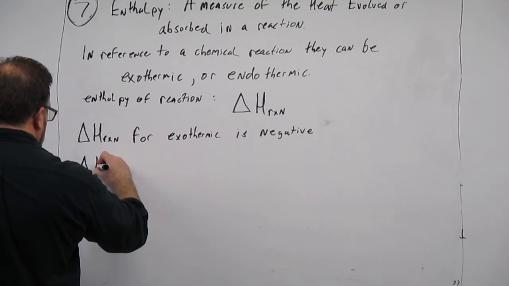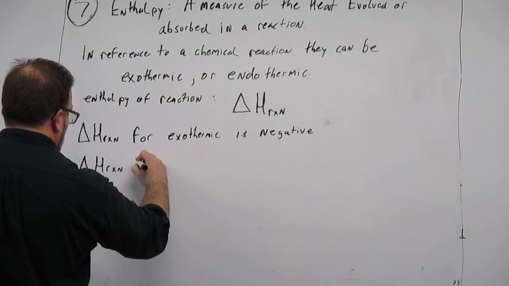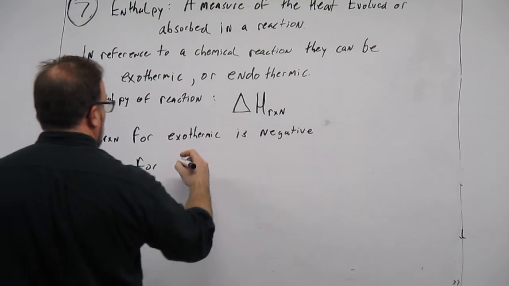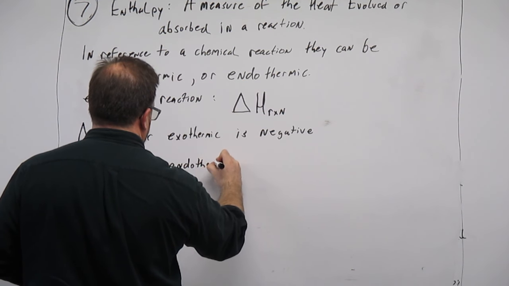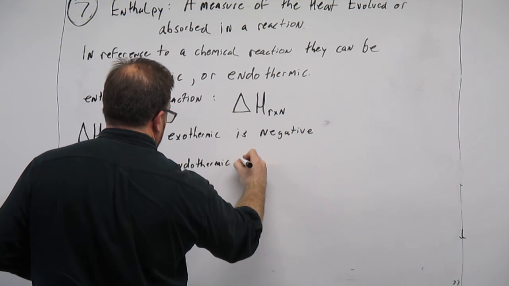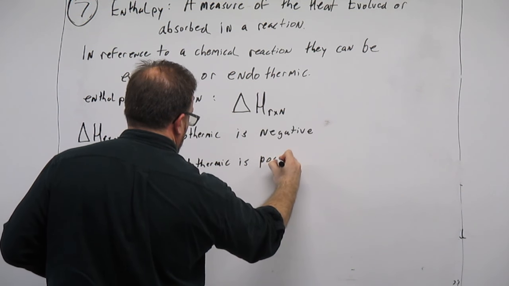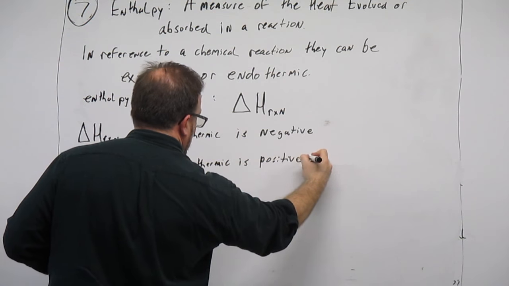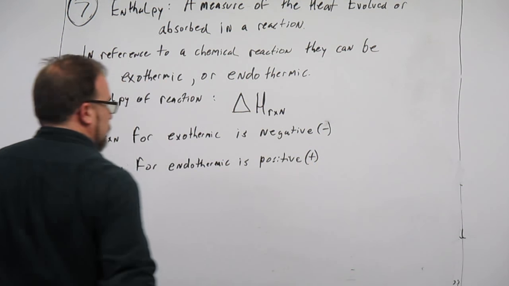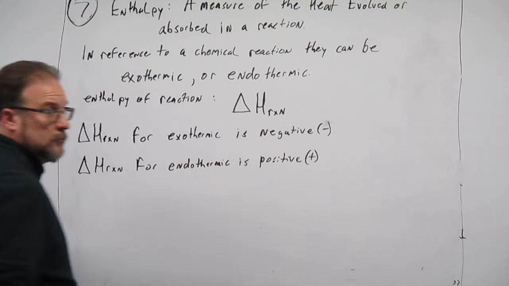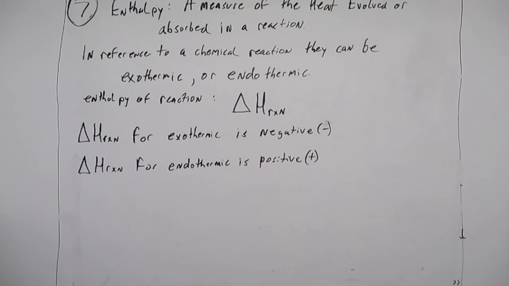The delta H RXN for endothermic is positive. There you go. Negative, positive. Okay. So those are some concepts that you need to know about this stuff.